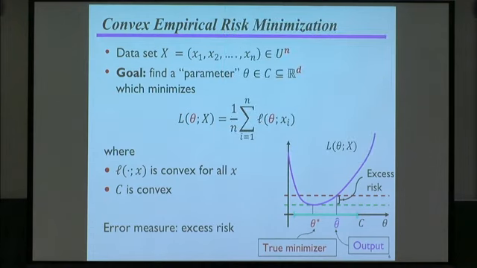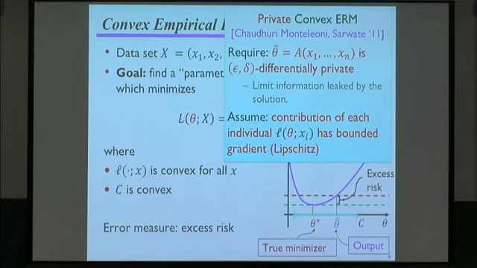So what we're going to do is solve this problem subject to some rigorous reasoning about the amount of information that's leaked about any one individual. This problem, the way I formulated it, was posed in a paper of Chaudhuri, Monteleoni, and Sarwate, and the journal version was 2011.